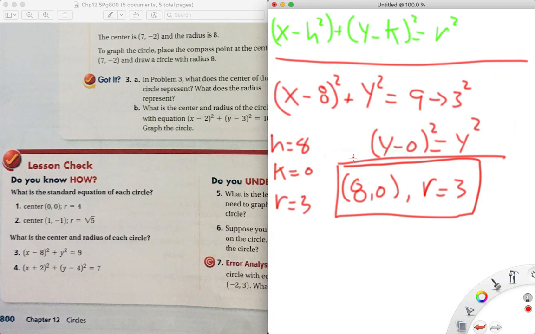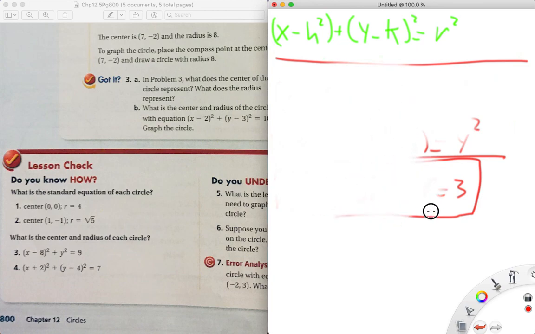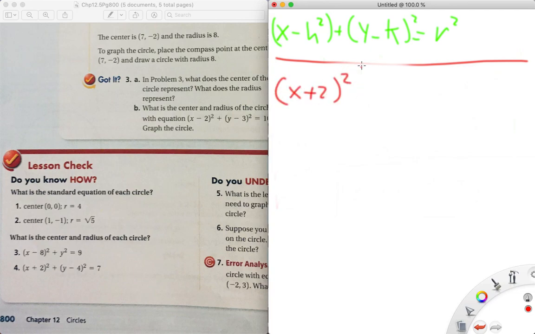For number 4, I have that it is x plus 2 squared plus y minus 4 squared equals 7.